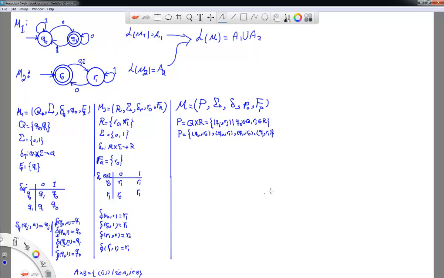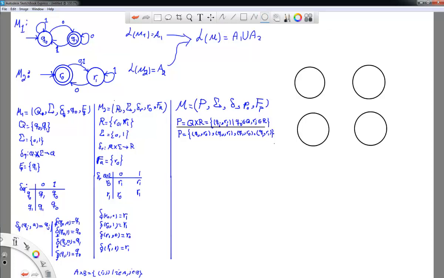So now how does my machine look? If I were to draw this machine, actually I probably should have used a different color. From this point on, we're going to use the color black for these machines. So if I were to draw these machines, here's how my machine would look.